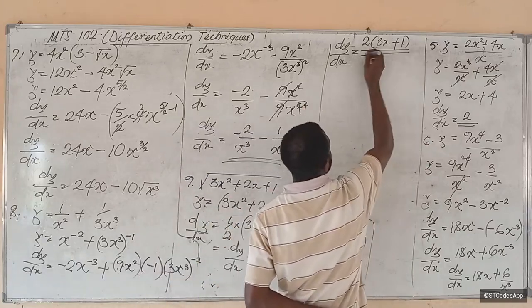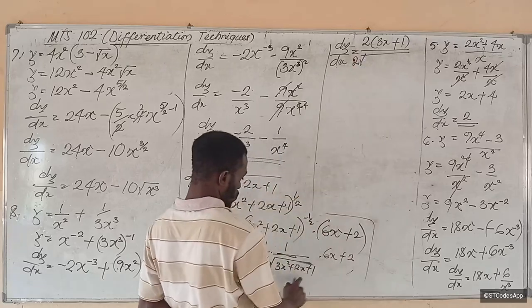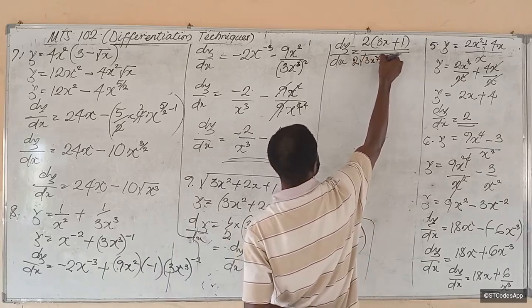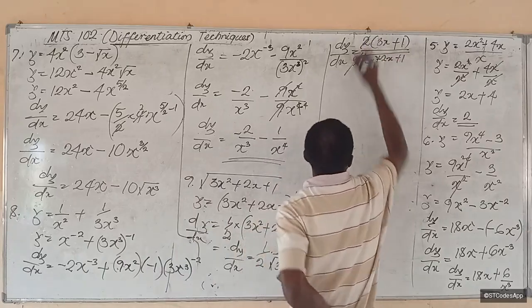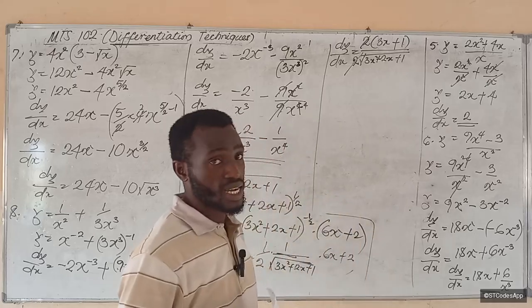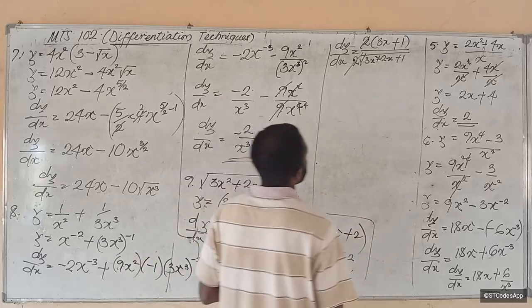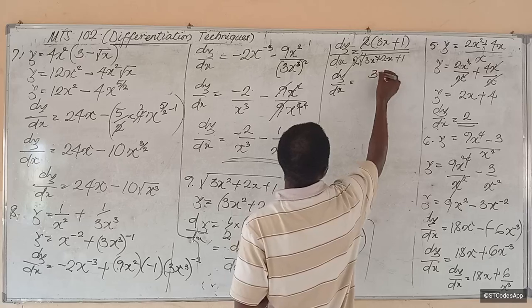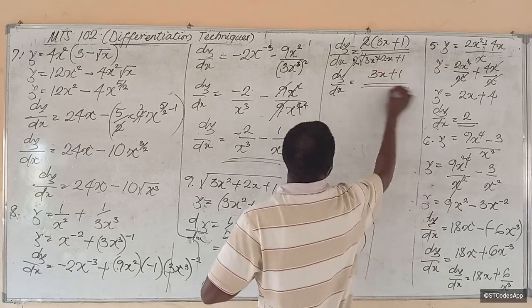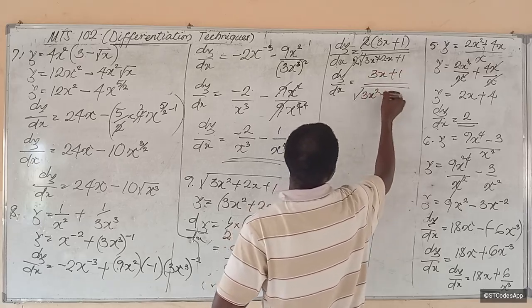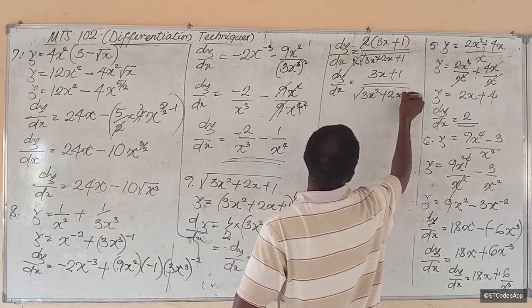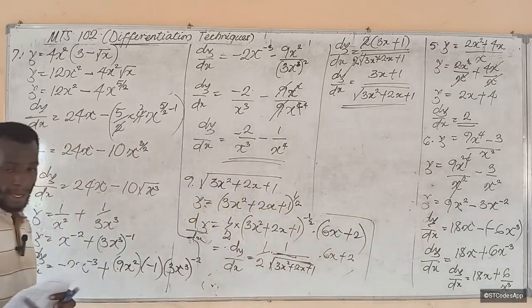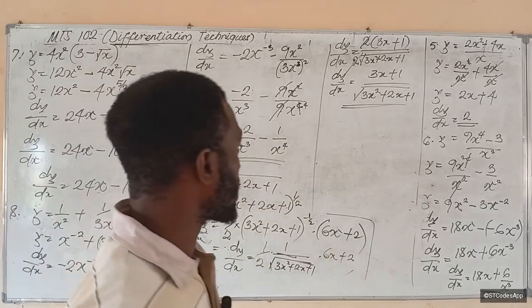All over 2 root this, root 3x squared plus 2x plus 1. Then 2 takes care of 2. Is that clear? So if that happens, then dy dx will be equal to 3x plus 1 over the square root of 3x squared plus 2x plus 1. And that will be the answer. Okay? So let's go to the next one.